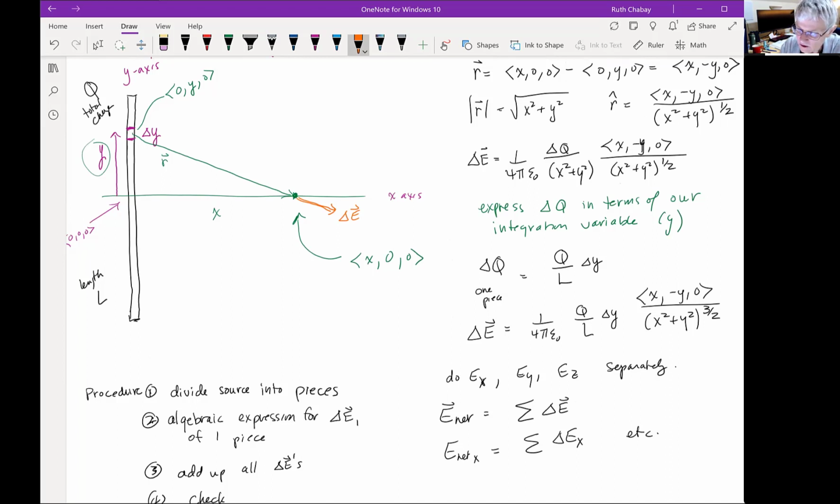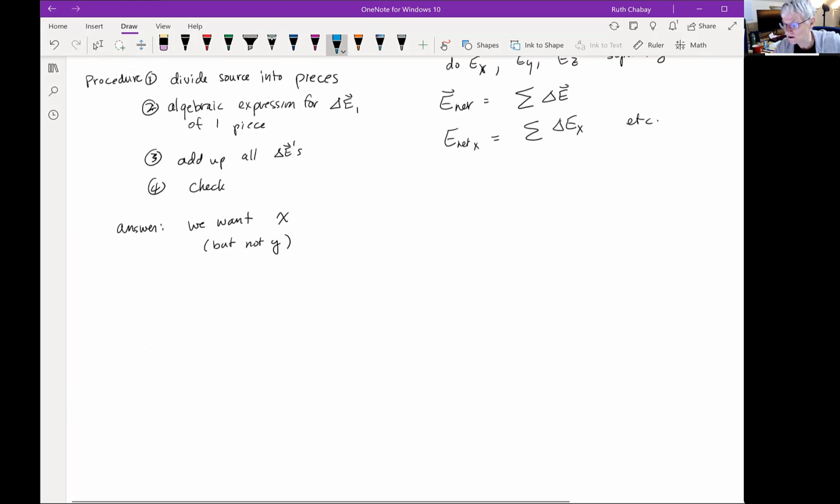But of course, there's going to be a piece down here, at a symmetric location, that's going to give us a delta E. If this is piece 1, this is piece 2 in that direction. So the total field should add up to be in the x direction, and we can check that if we want to.